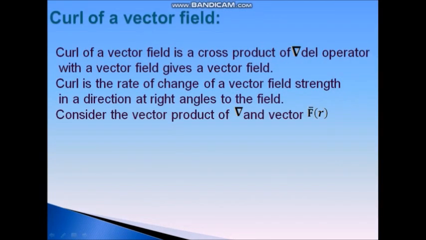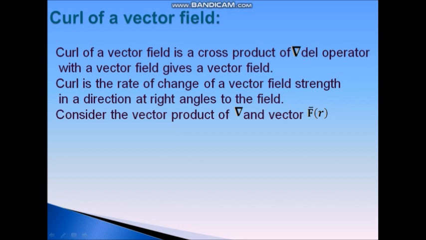And the next important topic is the curl of a vector field. The curl of a vector field is the cross product of the del operator with a vector field, which gives a vector field. In the last topic we studied the divergence of a vector field. Divergence is nothing but the dot product of the del operator.